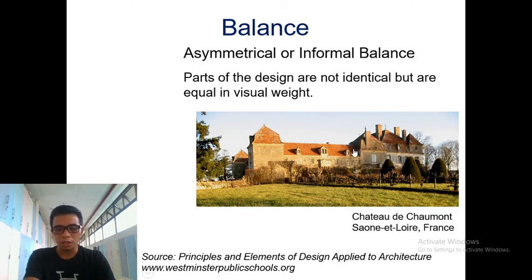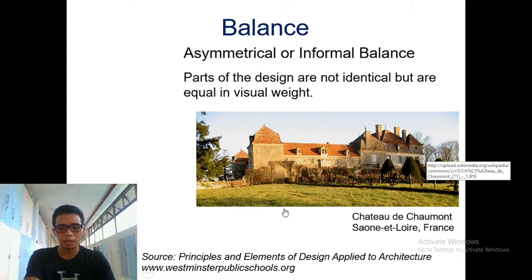Yung structure na to mas heavy tingnan because of the several chimneys, heavy design na mga roof, tsaka mga malalaking mga walls, mga protruding na mga walls. Unlike dito na parang refine lang siya, medyo refine lang siya.